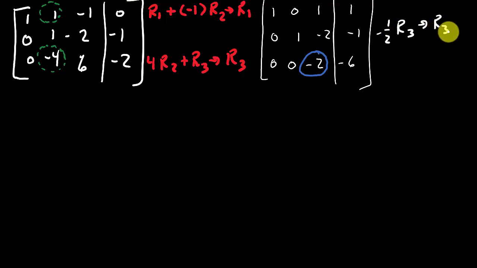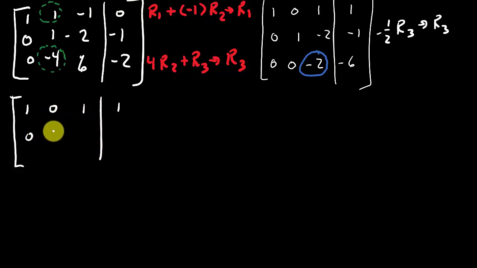Okay. All right, so I'm replacing row 3, so I'm going to write my other 2 rows down. All right, so if I multiply this row by -1/2, that's going to give me 0, 0, 1, and 3.